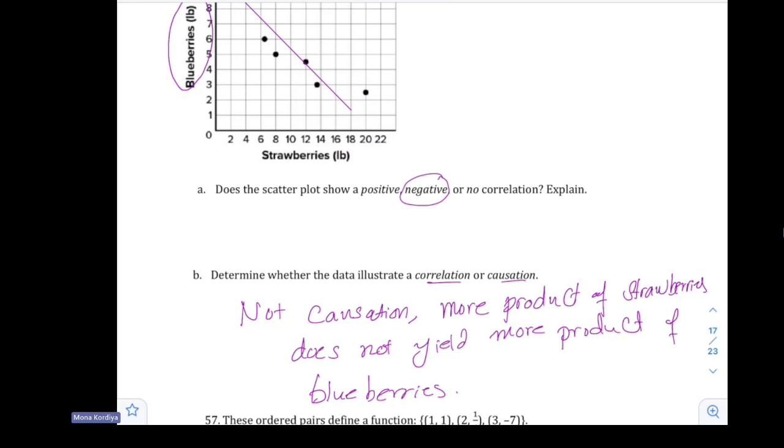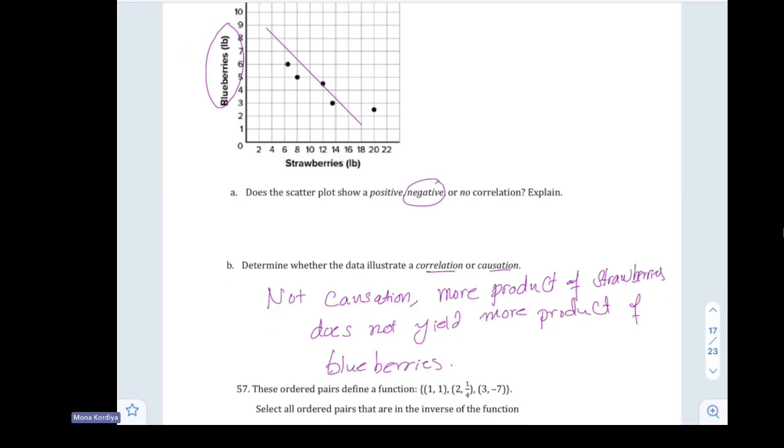This has nothing to do with that one. It's by chance. We can see that they have correlation, but not necessarily any correlation leads to causation.